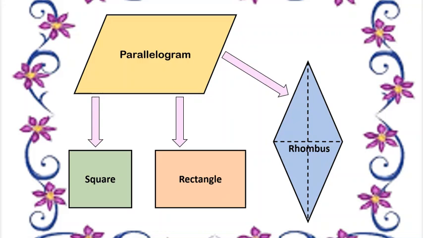So, a plus shape comes. One vertical line, one horizontal line. Now, join the four ends of the lines, the midpoints, using pencil. Draw a line using pencil, cut it. So you will get a rhombus.